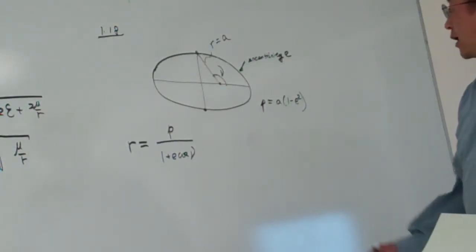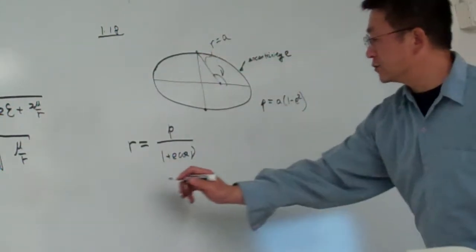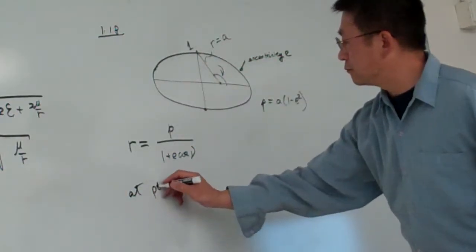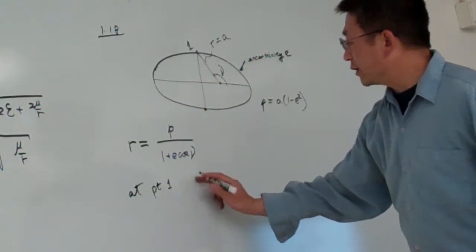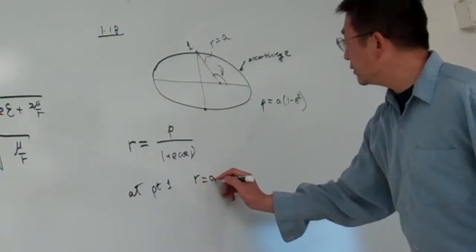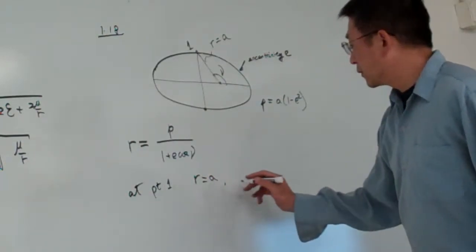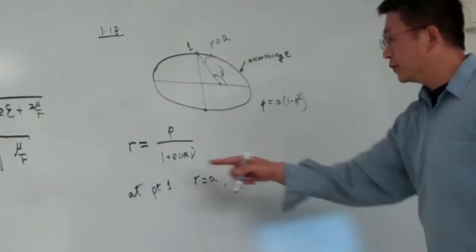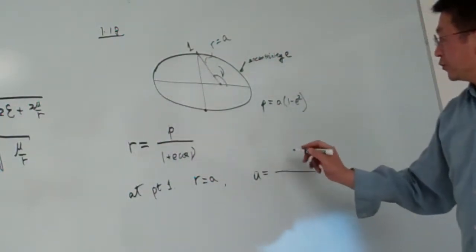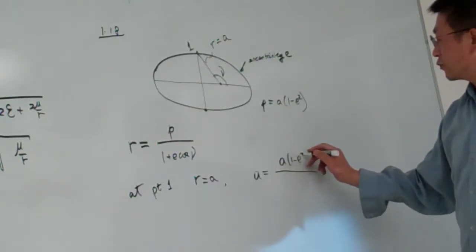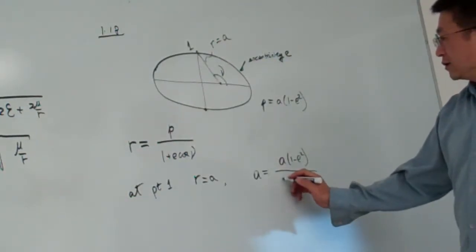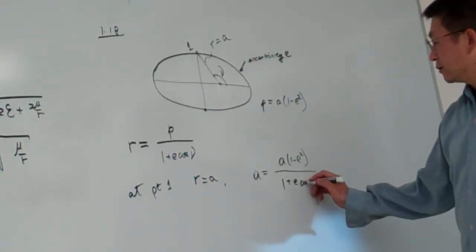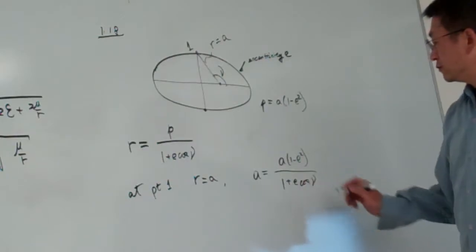Okay, and at this location R equal to A, so at point 1, we have R equal to A, and therefore A equal to R, and P equal to A times 1 minus E squared, and here it is 1 plus E cosine nu.